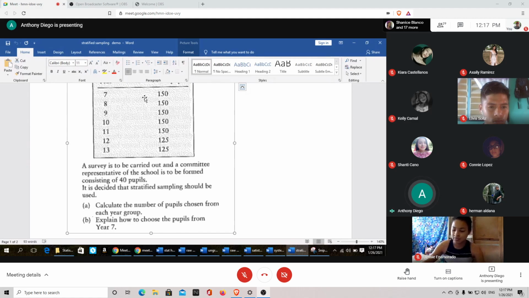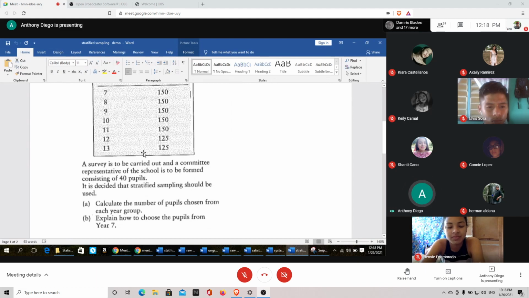So in order to expedite the process or to save time, you can do year 7 to year 11 one time, and then you can do 12 to 13 one time. But just remember how many 150s there are, 1, 2, 3, 4, 5, and how many 125s there are, 2. And together they should make up 40 individuals.